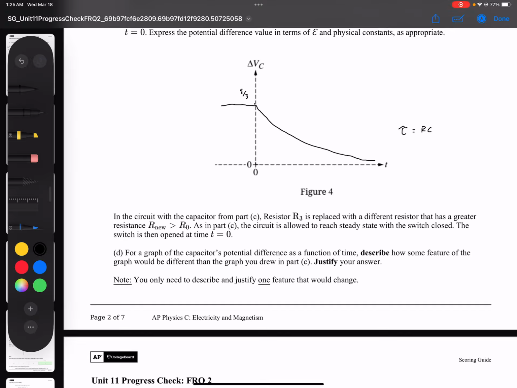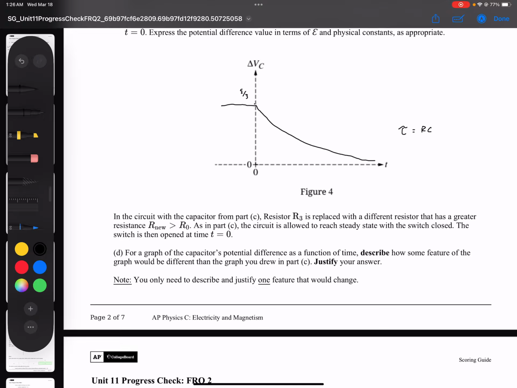Since the resistor is going to be greater, the current flowing through the resistor at a given potential difference is also going to be smaller. It has a greater resistance, so it's going to take longer. I know the time constant, this is from the equation that we saw in class, the voltage across the capacitor is going to be equal to the voltage, well, in that case it was the voltage of the battery, but you know what I mean.